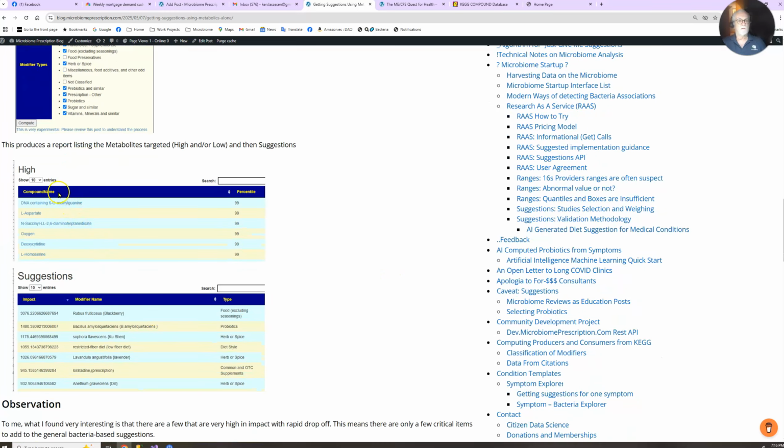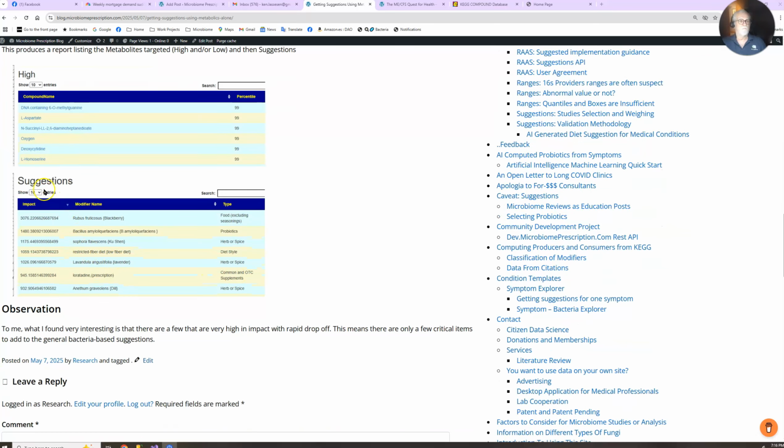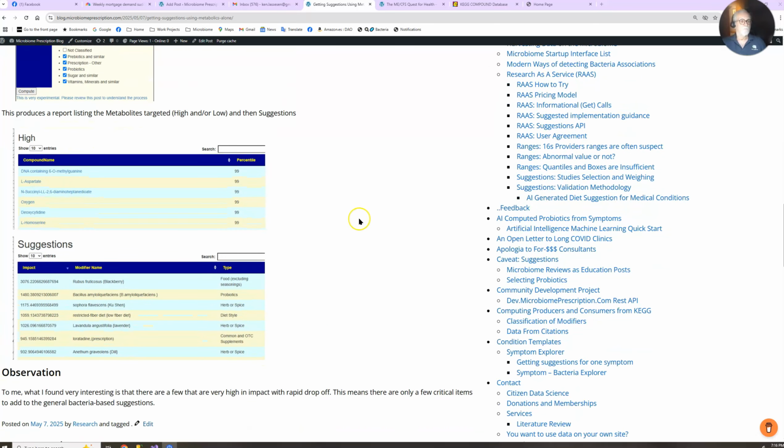Now it will produce a list of all the bacterial metabolites which are high and give you the percentile, so you can see, okay, this is what I'm working with. They also have low there, but that image has disappeared. I'll see about fixing that shortly.